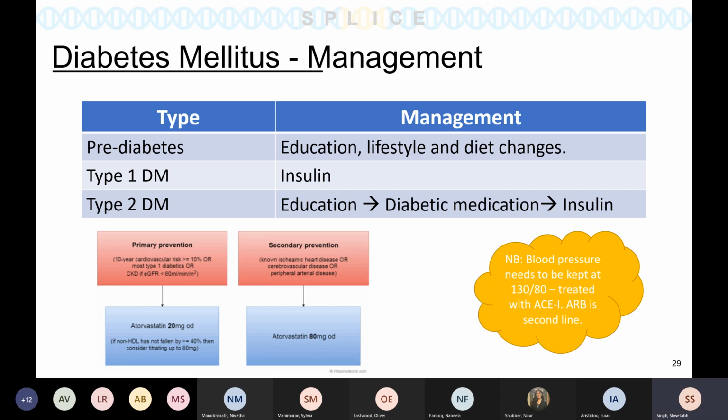Note their blood pressure needs to be kept at 130/80, so treated with ACE inhibitors. And a new guideline has come in to say that people of Afro-Caribbean origin would benefit more from an ARB instead of an ACE inhibitor. So just try and commit that one to memory. It's a little niche knowledge. Okay, next slide, please.